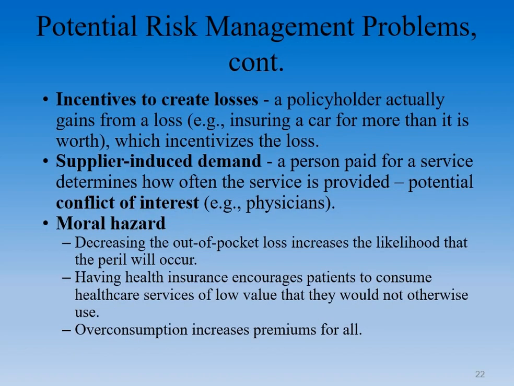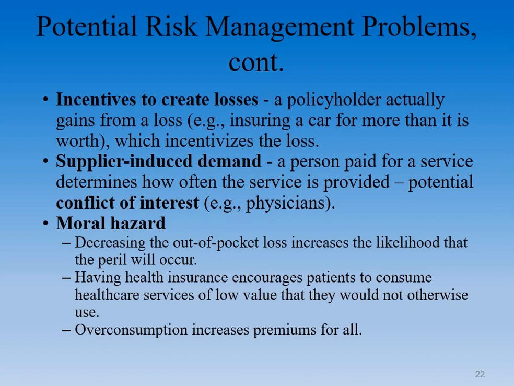Going on, potential risk management problems: incentives to create losses. A policyholder actually gains from a loss, such as insuring a car for more than it is worth, which incentivizes the loss. Supplier-induced demand: a person paid for a service determines how often the service is provided. There could be a potential conflict of interest.